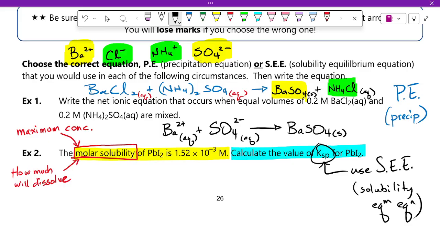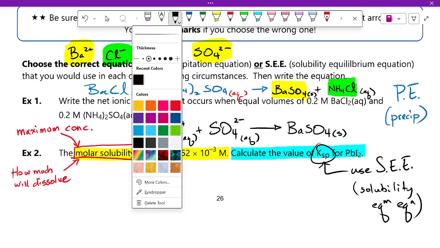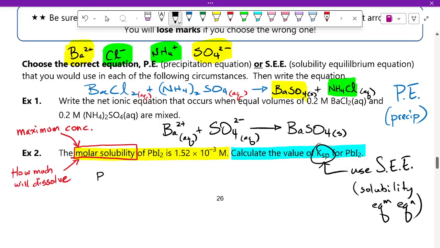Okay, so we're going to set up a rice table. Technically, it really doesn't need a rice table. Do you want to do it without a rice table? Yes. Okay.